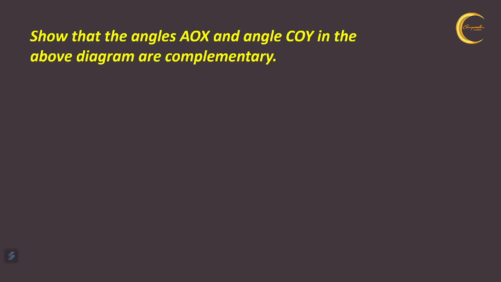Another problem is to prove that the angles AOX and COY in the above diagram are complementary. We know complementary angles are two angles whose sum is 90 degrees. So angle AOX plus angle COY equals 90 degrees.